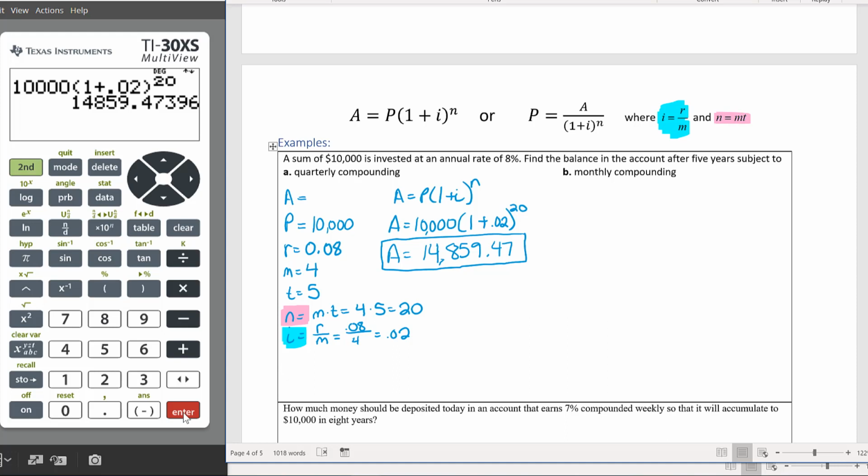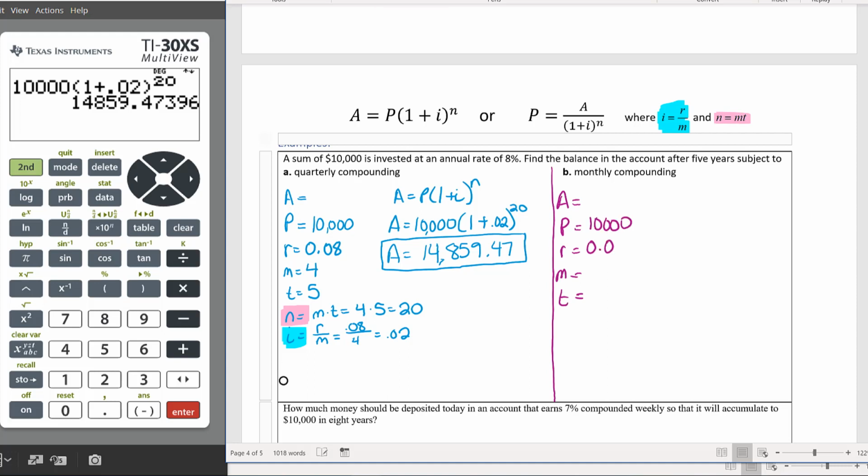Okay. All right, let's try this again. Part B, the only difference in Part B is that we are compounding monthly. Now we said if you're compounding more frequently, do you think you're going to get more money or less money? Take a little guess there and we'll figure this out. Notice my P stays the same, $10,000.